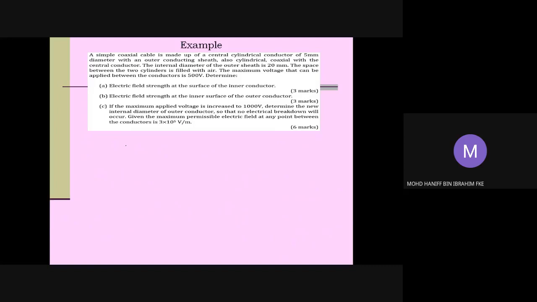Again, we are dealing with problems related to potential. You need to ensure that you have a good understanding of the potential topics before you can proceed with lecture 9 after this.